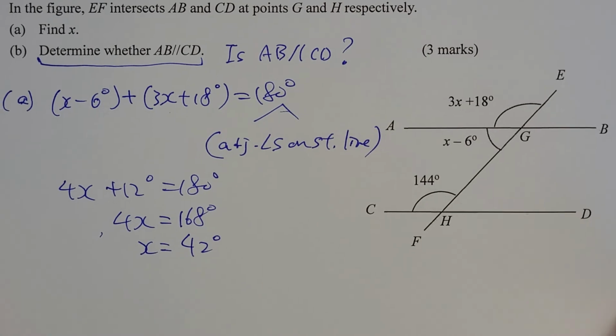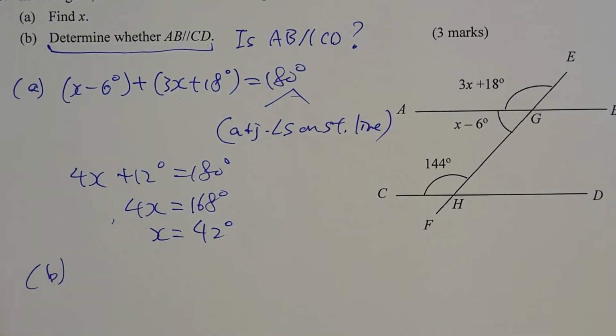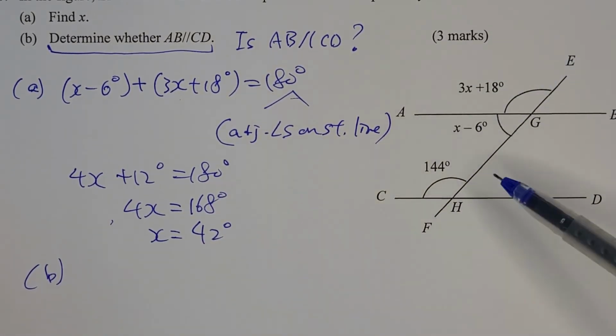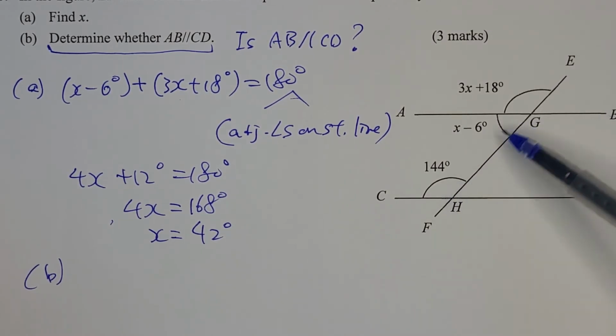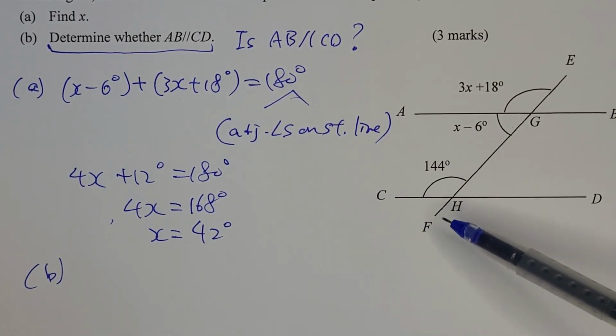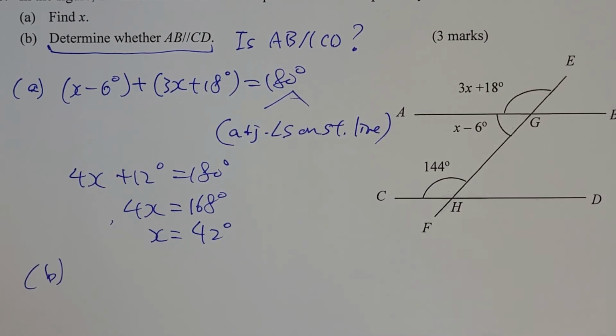Alright. So in part B, if you want to prove whether they are parallel or not, I would say there are mainly two methods to do this. First one, you can check whether the sum of these two interior angles equals 180 degrees or not. If yes, then they are parallel. If not, then they are not parallel. That is method 1.